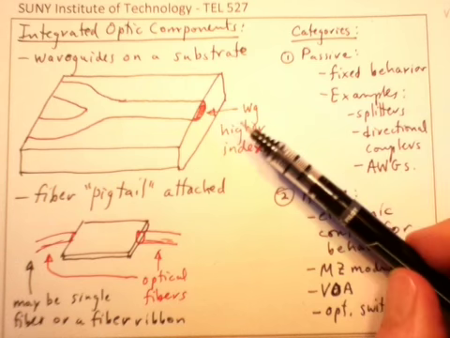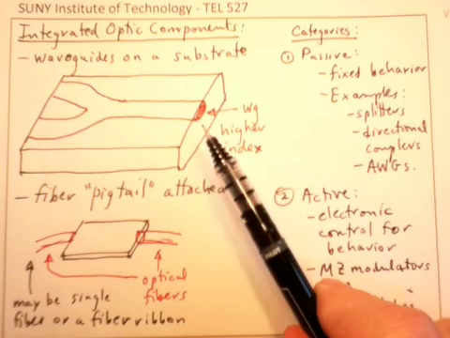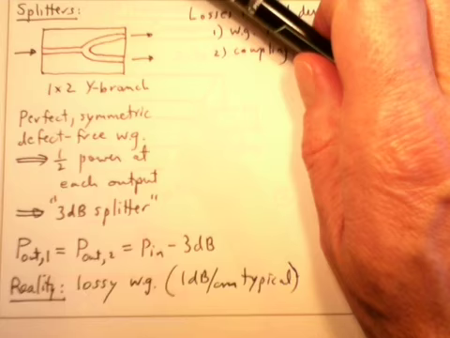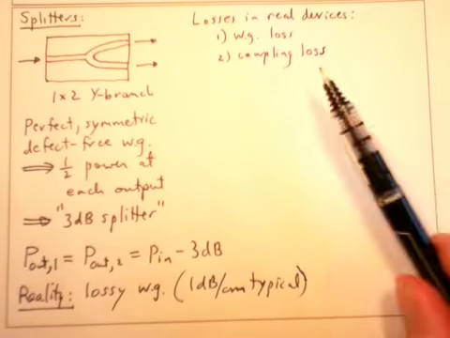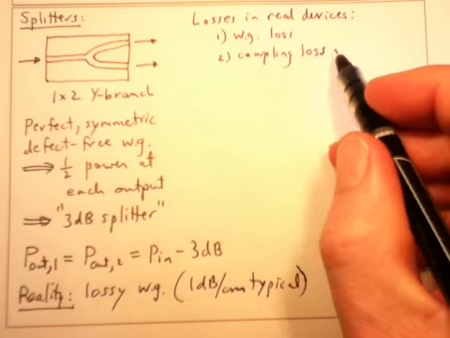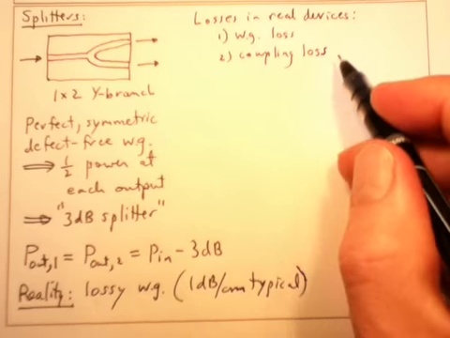We try to make them as close as we can, and the closer we can make the profile shapes to match each other, the less coupling loss there will be. But inevitably, the mode profiles don't match up perfectly, and that gives rise to coupling loss.